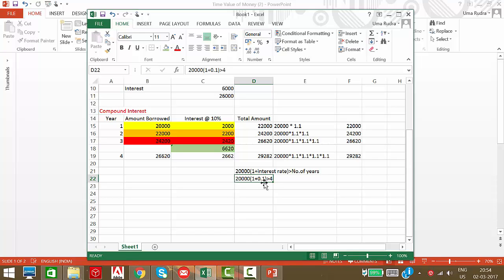So at the end of the nth year, what would be my total amount to be paid? If I try to generalize, principal into 1 plus interest rate to the power n, where n is the number of years.